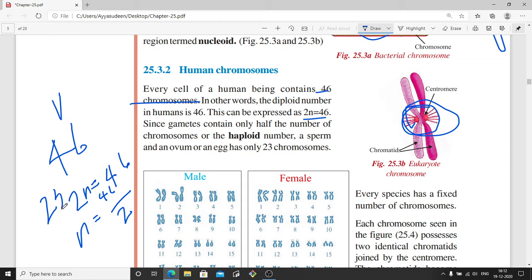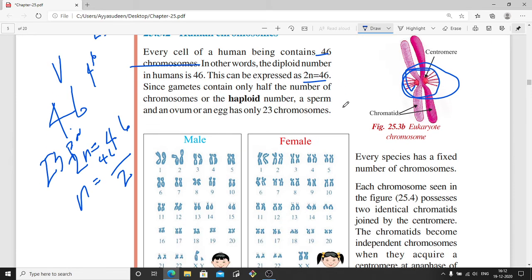So humans have 23 pairs of chromosomes, but a total of 46 single chromosomes. If they ask how many pairs humans have, you say 23. But in general, if they ask how many chromosomes humans have, you should say 46 chromosomes.